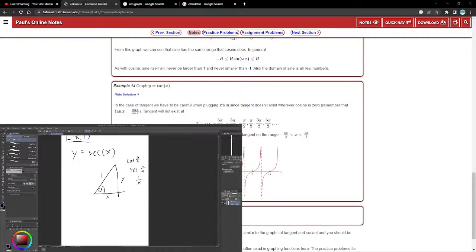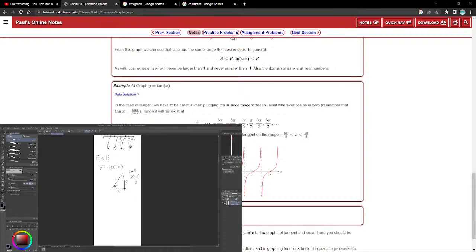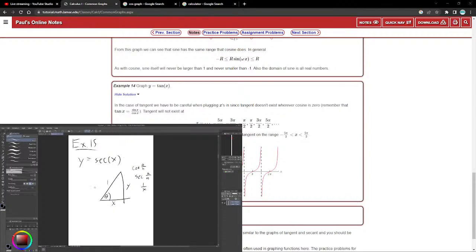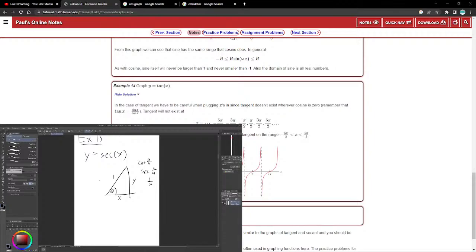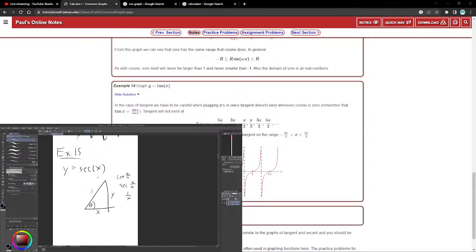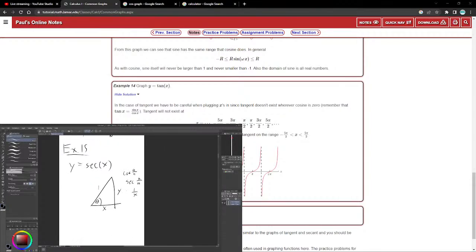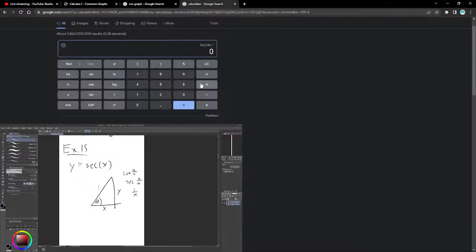So it's 1 over x. So when you're plugging something in, 1 over pi.